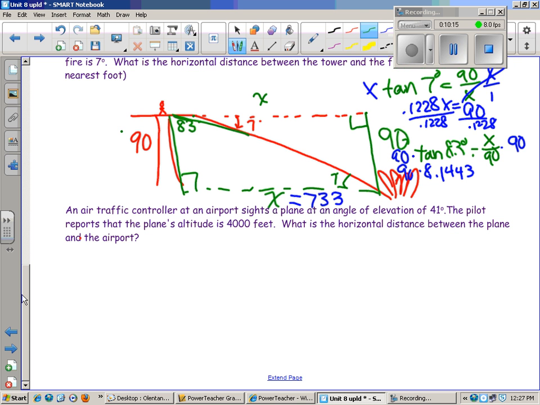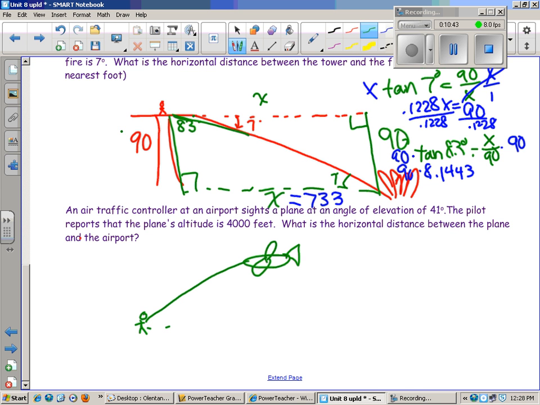An air traffic controller at an airport sights a plane at an angle of elevation of 41 degrees. So here's my air traffic controller, okay? And he sees an airplane up here. You can tell I worked for FAA because I draw airplanes so well. So there's my airplane, and he sees the airplane, but to do an angle of elevation, I have to start at horizontal.